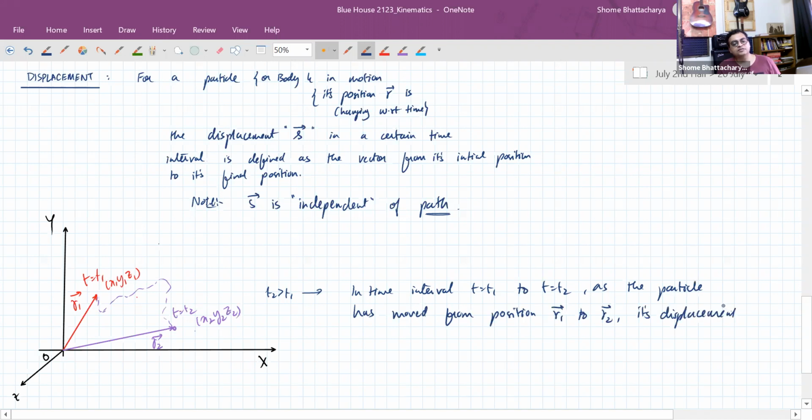Now you apply the above definition of displacement and first understand in the diagram what the displacement is going to be. The displacement is going to be the vector that joins the initial position with the final position. So this is going to be the displacement.